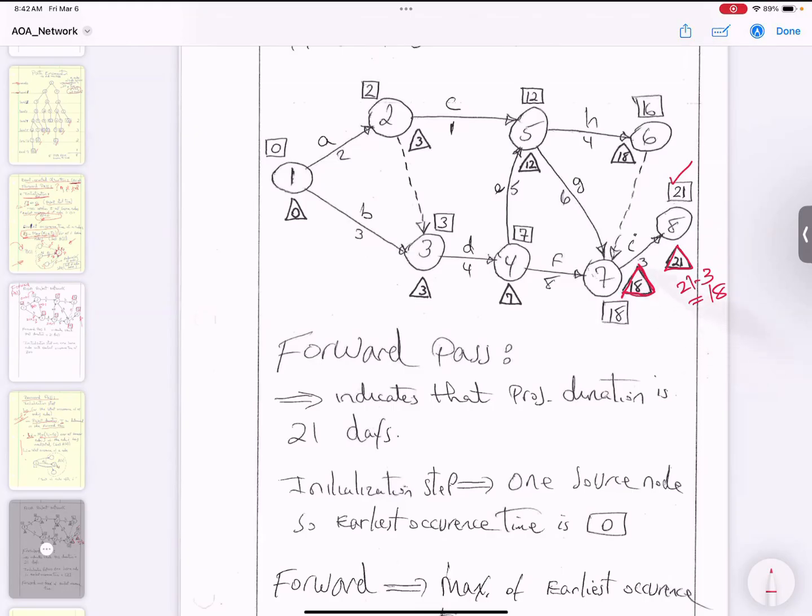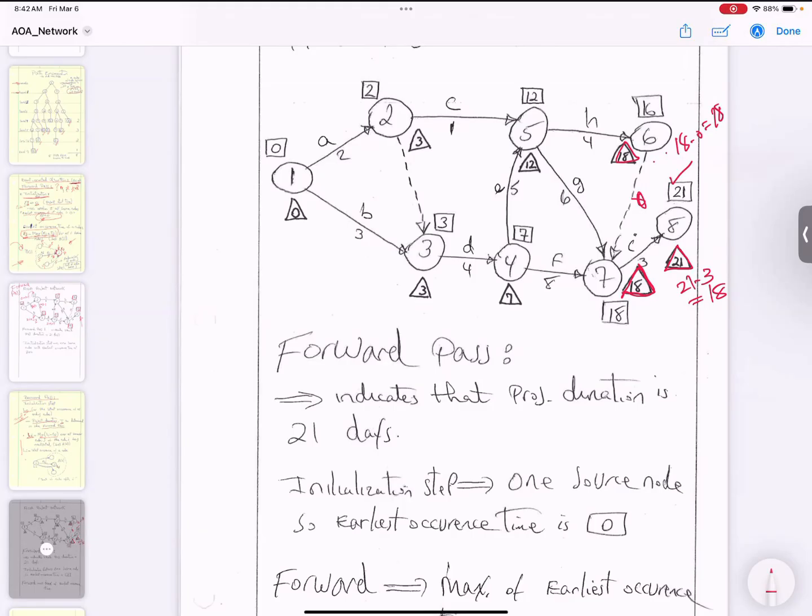Correct? We got 18, and after 7 we go to node number 6. What is it for node number 6? I believe it's the dummy node, so it'd be the same thing, 18. So we're using the minimum. So it is going to be 18 minus 0, and 18 minus 0 is equal to 18. So you pick up this 18 right here. Which node do you go to after node 6? Go to node number 5.